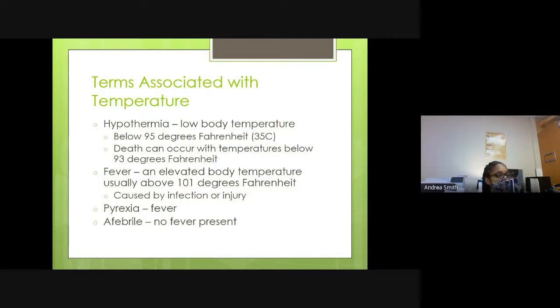A fever is an elevated body temperature, usually above 101 degrees Fahrenheit. It's typically caused by an infection or an injury. Now, are fevers bad? Yes.